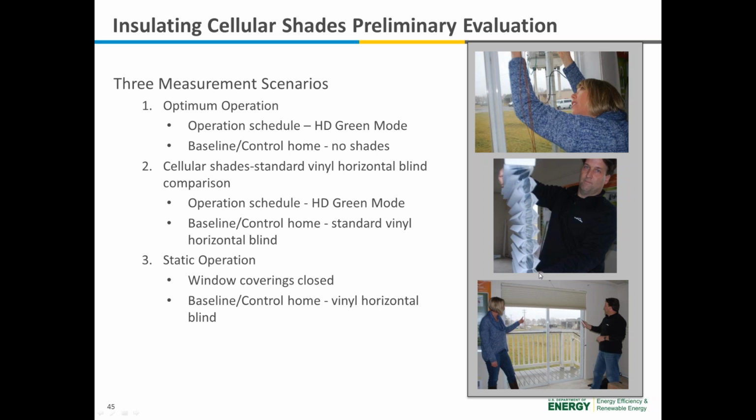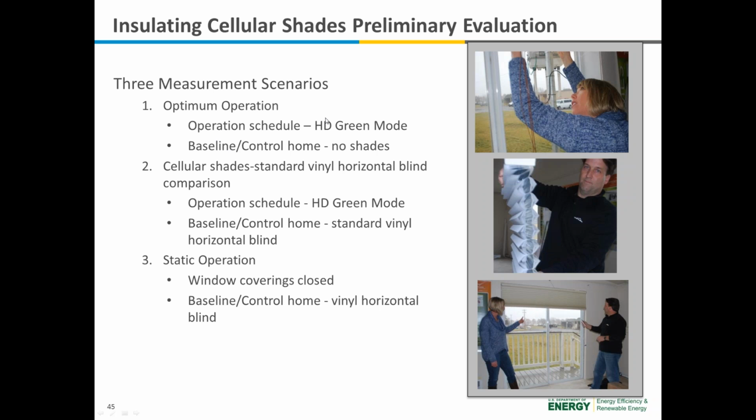This not only has to do with the optimization or reduction in the heating and cooling loads, but it's also for the customer, since we need to introduce light into the space and things like that. That's also taken into account, because given the insulating values of these shades, the most optimum operation for them would be down all the time and closed. But obviously that isn't a real world application.